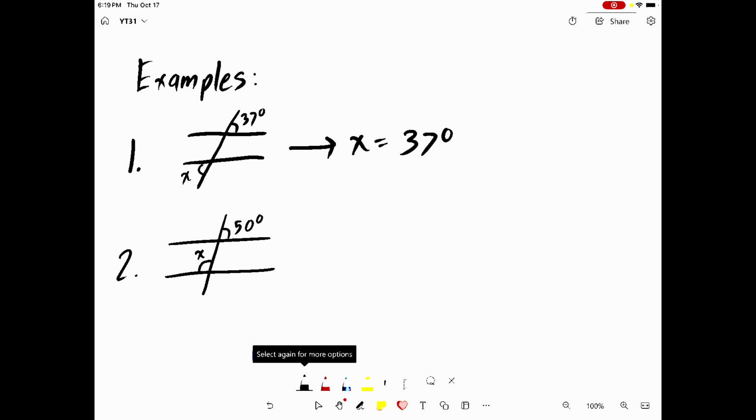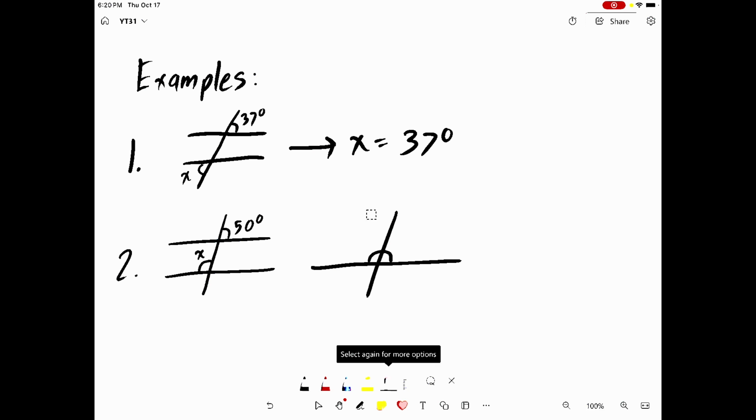Alright, let's go to the second example. As we see here, it looks like they're on opposite sides, but one's on the outside, one's on the inside. So it's not alternate exterior, and it's not corresponding. So it's basically none of them. There's no direct theorem, but we can find a way to get to it. If you realize that a straight line forms an angle of 180 degrees, and if a line intersects it, it just splits into two angles that add up to 180 degrees.